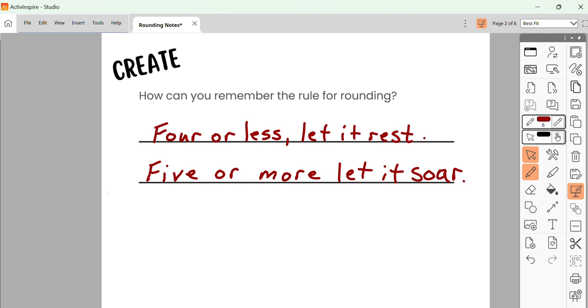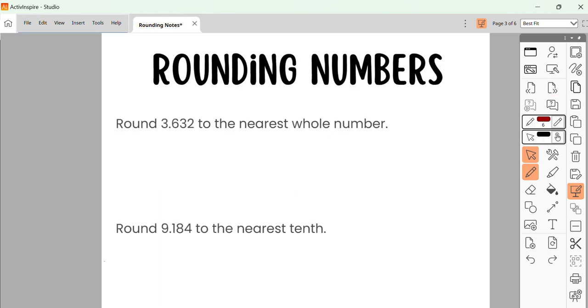So let's go ahead and see if we can do some examples. Now remember those steps. If you need to go back and look at them, that's fine. Hopefully you have your notes with you, or if you don't, just maybe write them down on some scratch paper. Rounding numbers. This says, let's read the question carefully, round 3.632 to the nearest whole number.